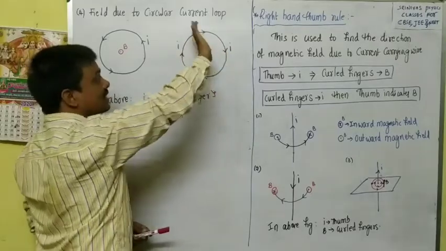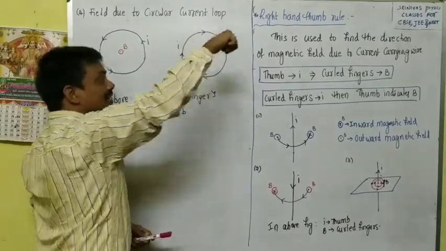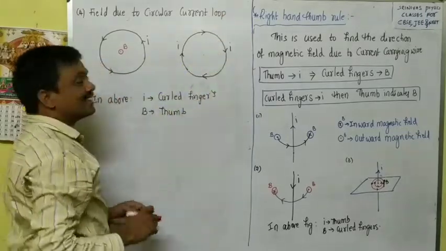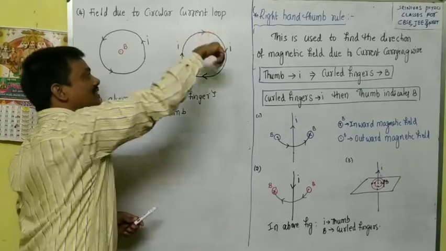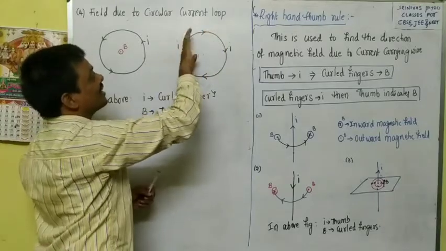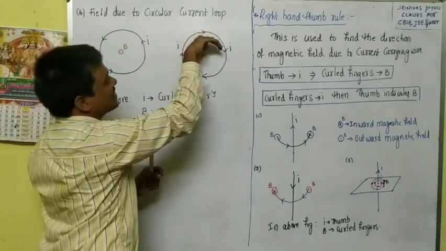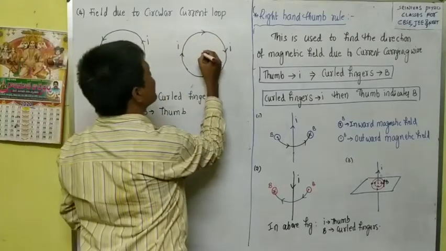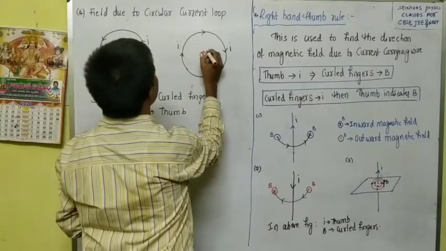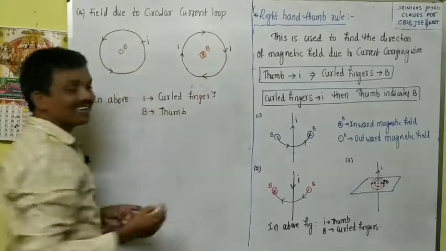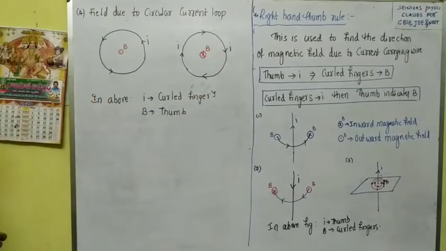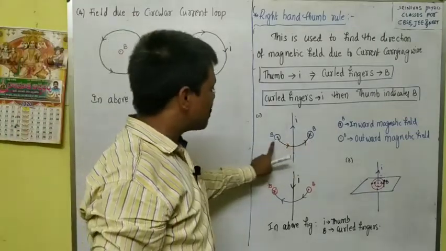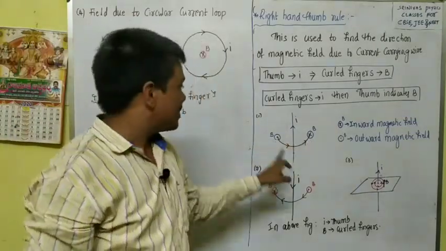The current is clockwise this side, and the thumb is entering into the board. Entering field is indicated with the cross. This is the cross field, right? Inward magnetic field we write as cross, outward magnetic field is dot.